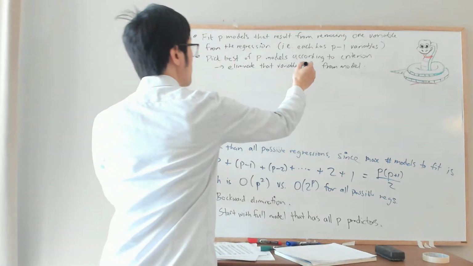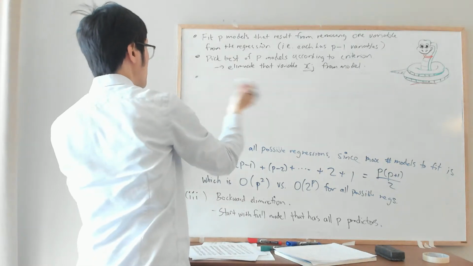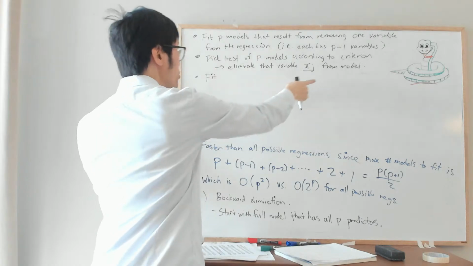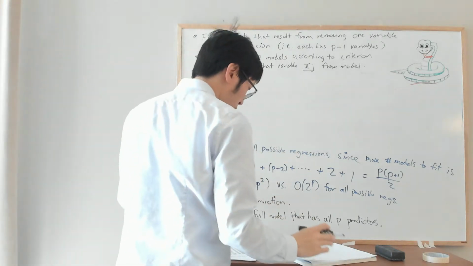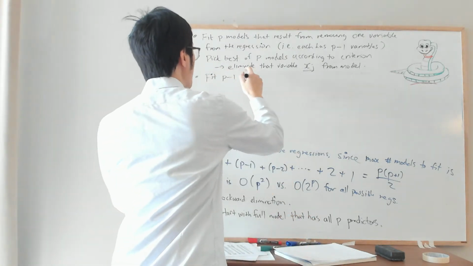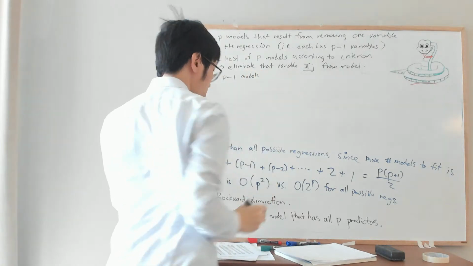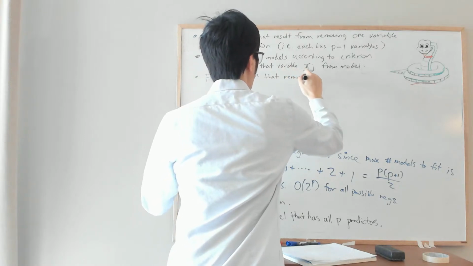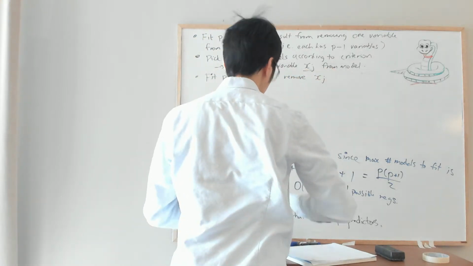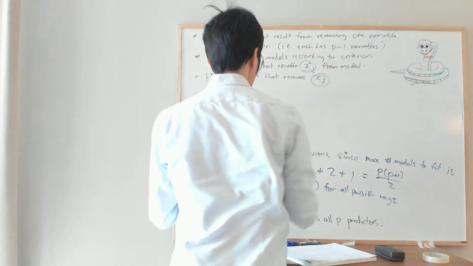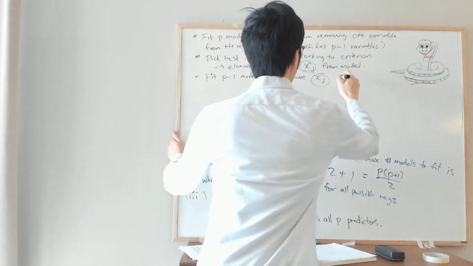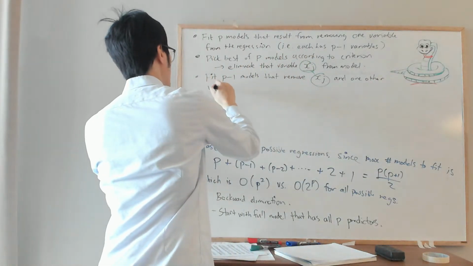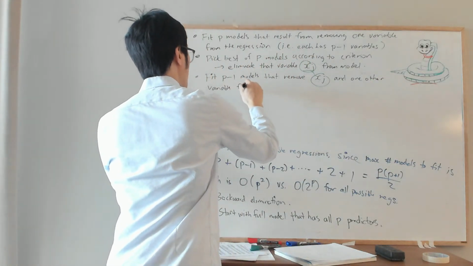Okay, and so now we've removed one, and so now in a similar way we fit all possible models that remove xj and one other variable. So now there's P minus 1 models that remove xj, the same xj from the model, and one other variable from the model.